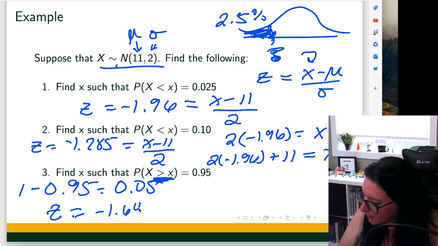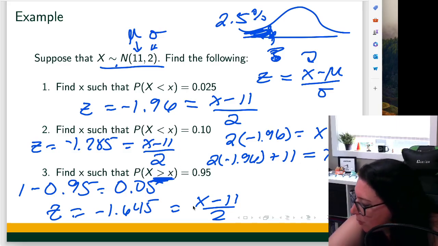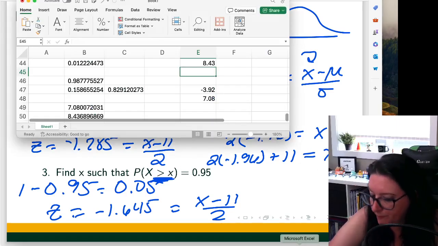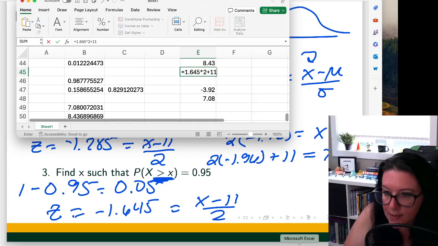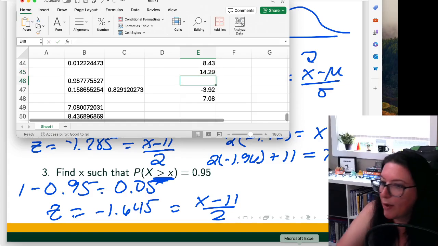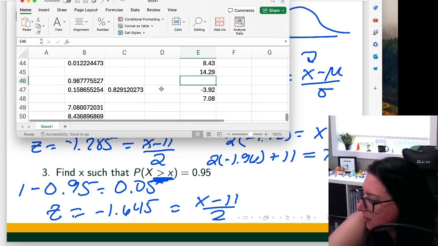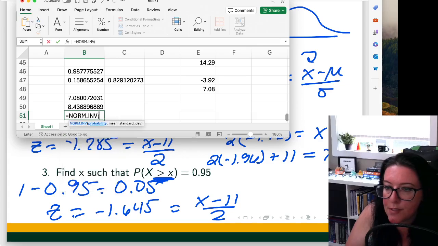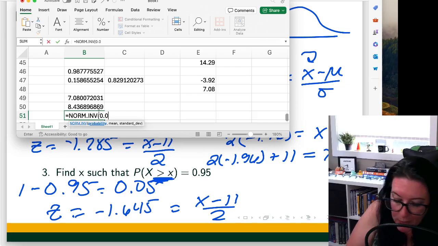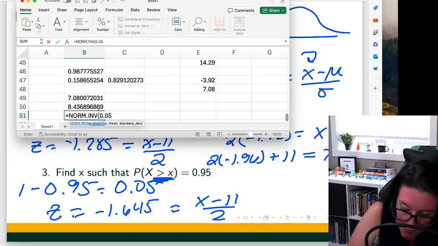Negative 1.645. And that is going to be equal to x minus 11 divided by 2. So we're, of course, going to multiply that. Negative 1.645 times 2 plus 11, 14.29. And alternatively, we do equals norm dot inverse. And the probability we want here is 0.05 because, again, Excel is also doing to the left.